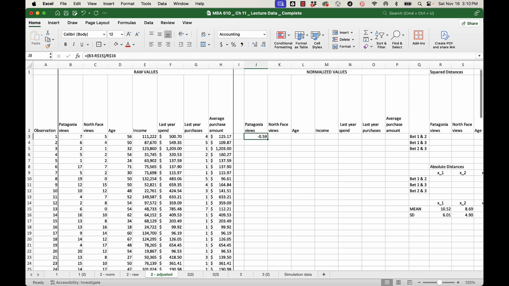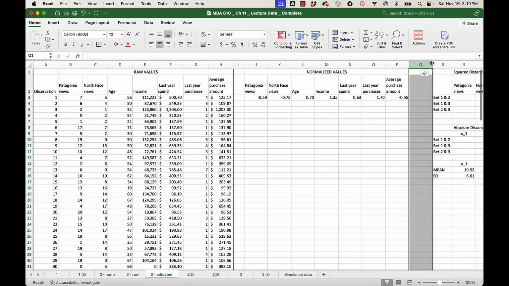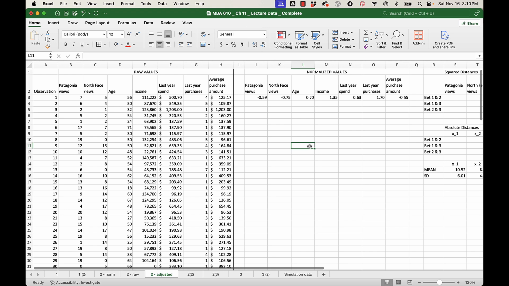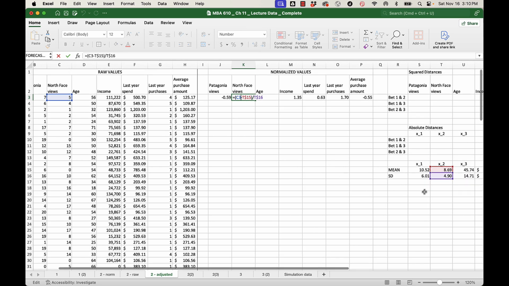So person number 1 is just over a half a standard deviation below average on Patagonia views. And if I drag this to the right, I can see that person number 2 is about 3/4 of a standard deviation below average with regard to the number of North Face pages they viewed.